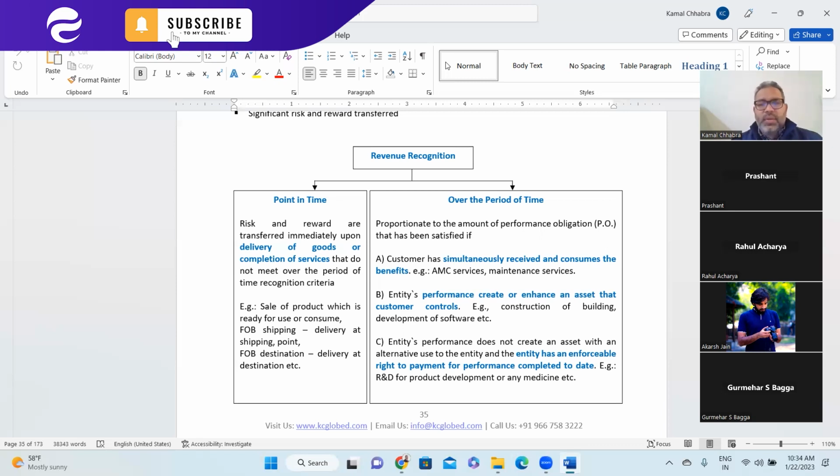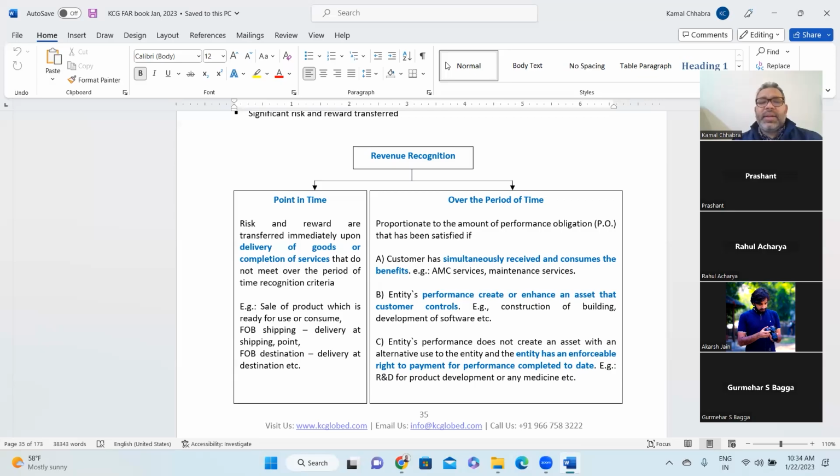The second one is, the entity's performance creates or enhances an asset that the customer controls. In this case, for example, you are constructing a building for a customer.